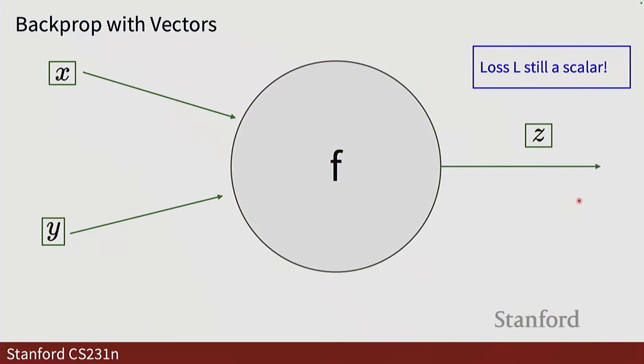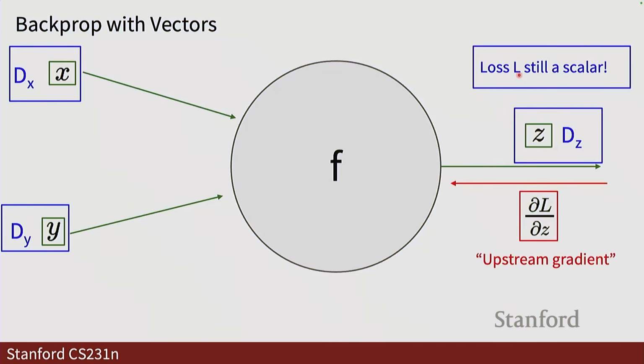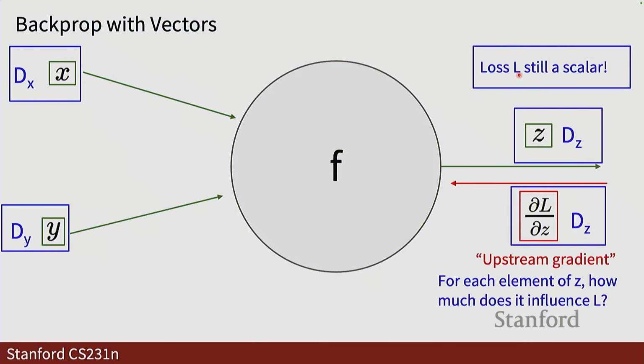And then how we can see and visualize it here is that if you want to backprop with vectors, say x, y, and z are vectors of size dx, dy, and dz, again, the loss itself is always a scalar because that's always one value we want to minimize. But then calculating the upstream gradient will result in also a vector dz, same size as its variable z.